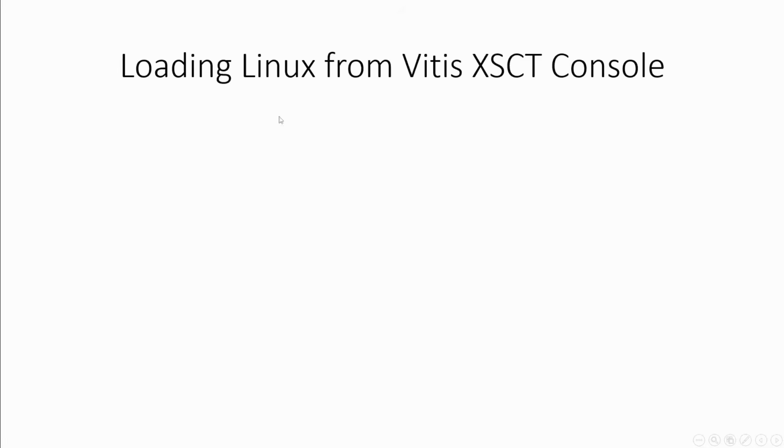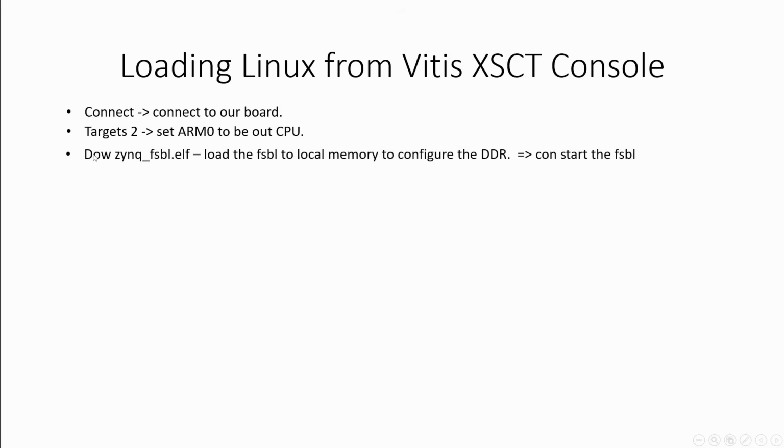In this video we will load the Linux from the Vitis XSCT console. Here we have a few stages. I added two more. First we need to connect to our board, then we need to set the target, then we need to download the FSBL to configure the DDR, and we'll let it run.